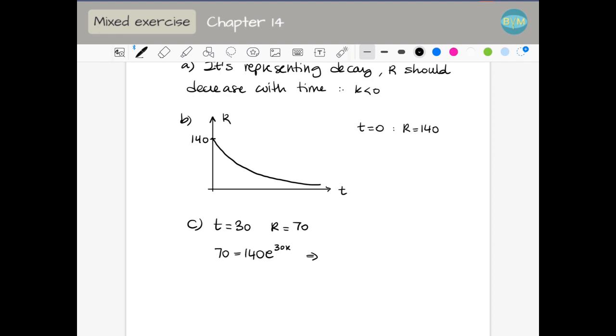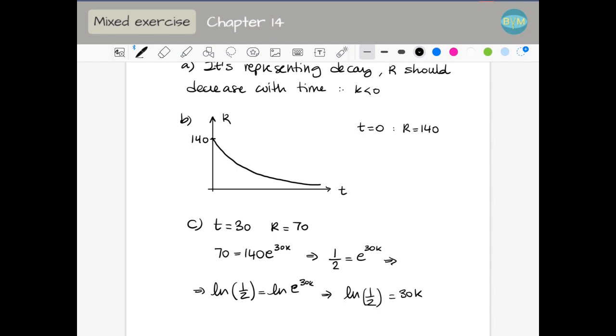If we divide everything by 140, we have 1/2 is e to the power of 30k, and then we are going to take ln, yeah? ln 1/2 is ln e to the power of 30k, which means ln 1/2 is going to be 30k, yeah?